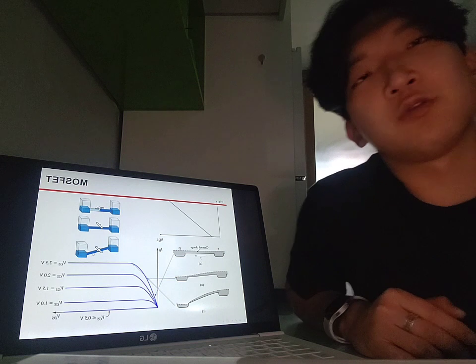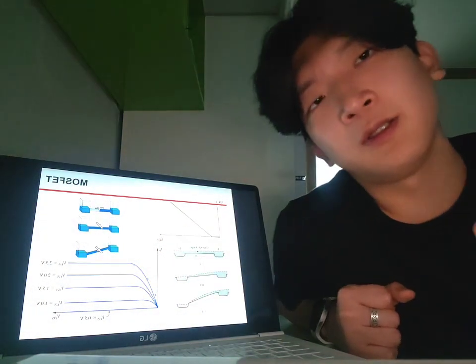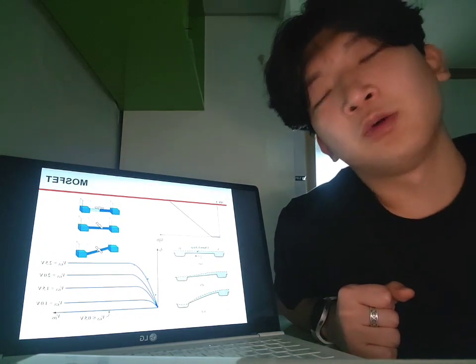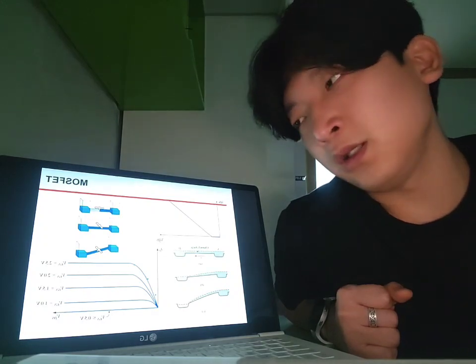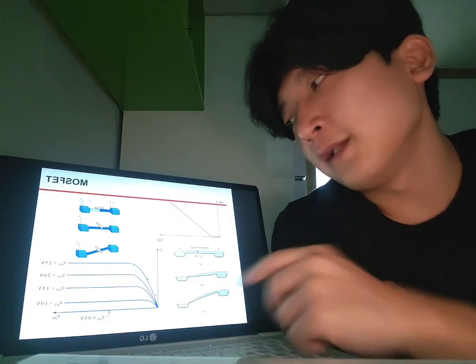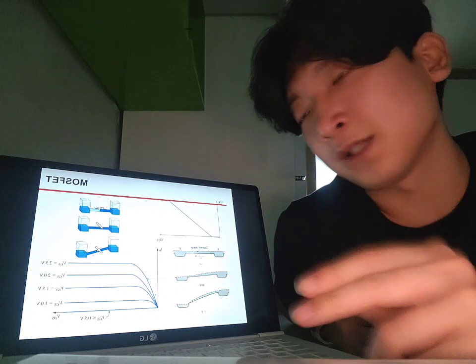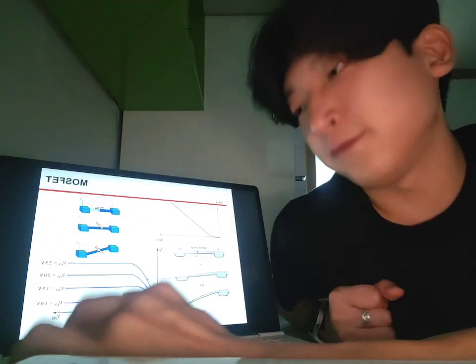In the other graph, you can see that as the drain source voltage increases, the drain current ID gets higher at first, but at a point it gets saturated. We call that point the pinch-off point.